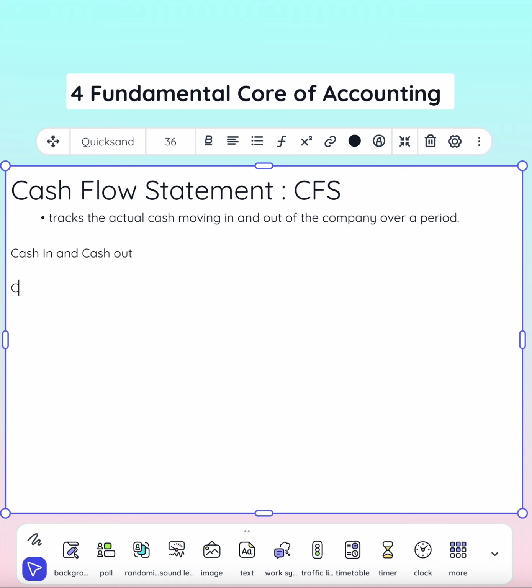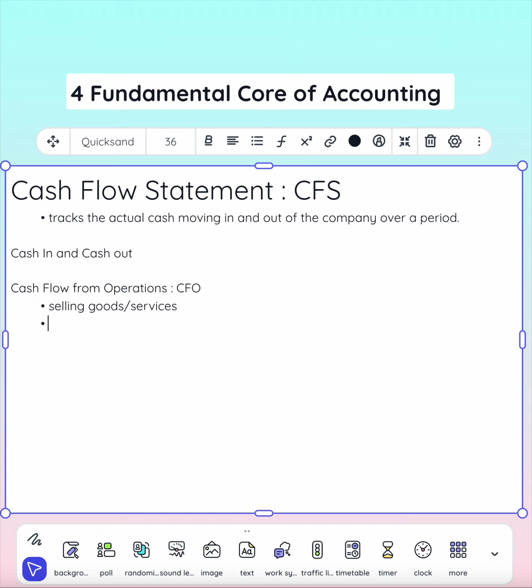The first is cash flow from operations, or CFO. It's the cash generated or used by the company's core business activities, like selling goods or services. Why does it matter?